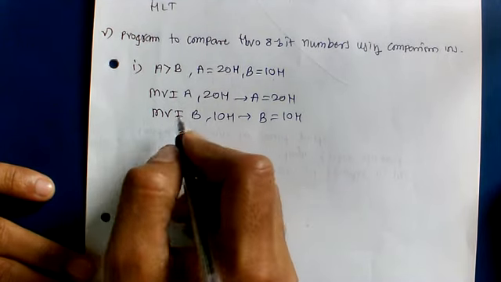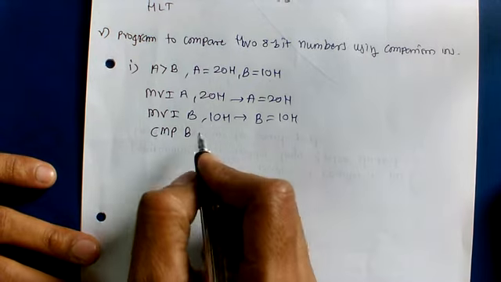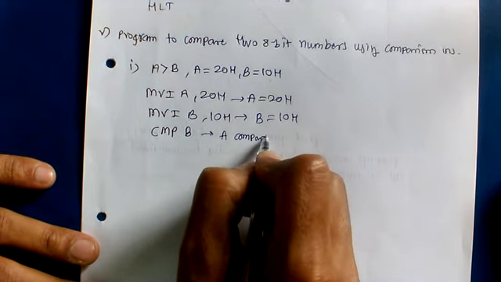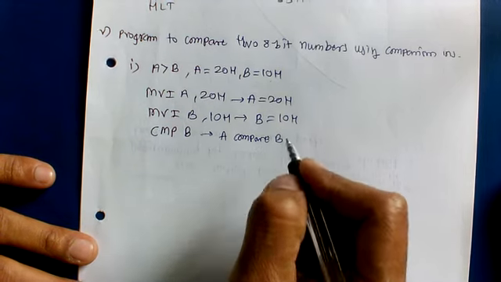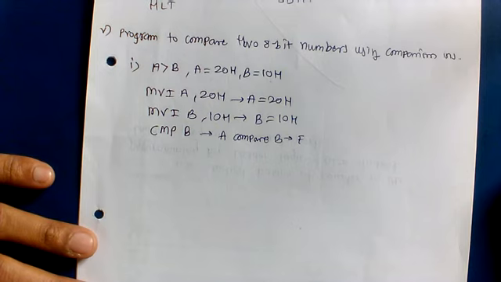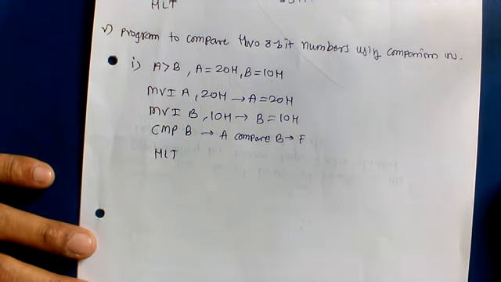We will use compare instruction, CMP B. Its operation is A compared with B register, and result you have to check the flag registers or flag content you have to check. Okay.